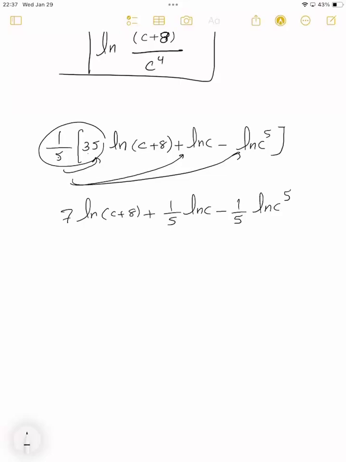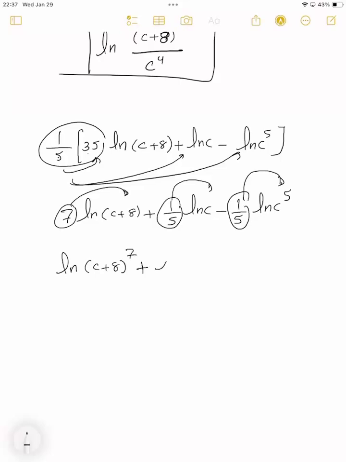So once that 1/5 is distributed, now get rid of the coefficients, make them the exponent. So this becomes ln of c plus 8, put the 7 outside the parentheses, plus ln of c to the power 1/5, minus ln of c to the power 5 times 1/5.